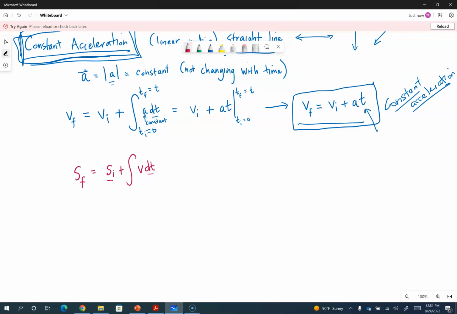That's what's changing. I'm going to integrate from t initial of 0 to t final of t again. S initial just represents the initial position. That's something unique to the problem, so that's something you will need to think about in each problem you are solving. The function we're integrating is what we just came up with for the velocity.